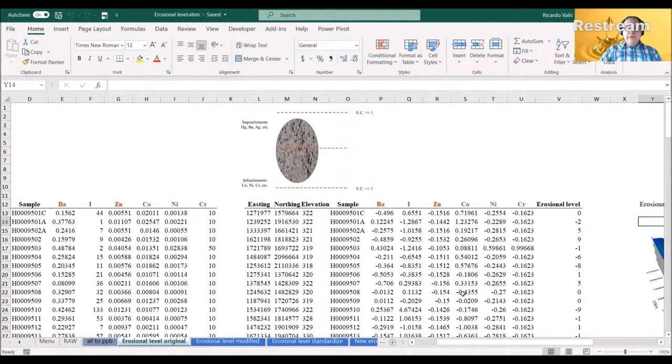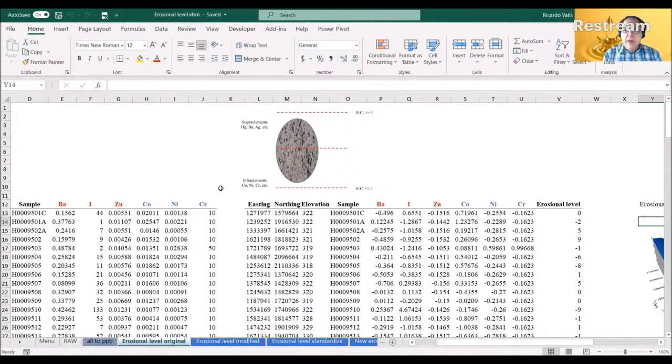So the theory goes that every time a deposit is formed, there will always be a group of elements that will tend to form on top of the deposit. Those are called supraelements. An example of those are mercury, barium, silver, zinc, etc. There will always be a group of elements that will tend to form below the deposit. These are called infraelements, and examples are cobalt, nickel, chrome, and others.